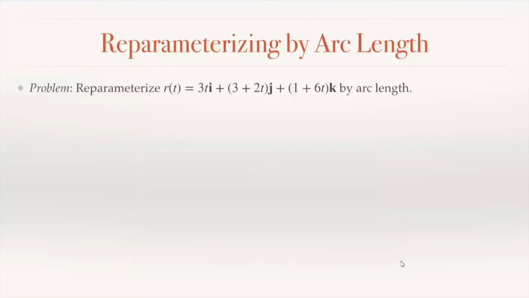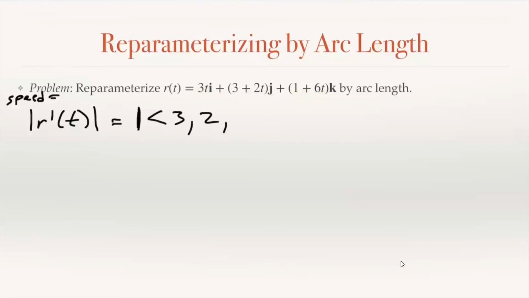what we want is to slow it down by its speed, so that then its speed is 1. So the first thing we need to do is find its speed. Its speed is the magnitude of velocity, which is r prime. Okay, derivative of 3t is 3. Derivative of 3 plus 2t is 2.